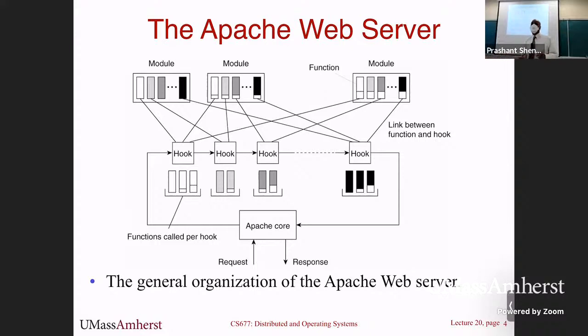It comes in multiple flavors. The original Apache Web Server came as a multi-process architecture, and then other variants also support multi-threading. All the concepts we talked about, the thread pool, process pool, are all implemented in the Apache Web Server.